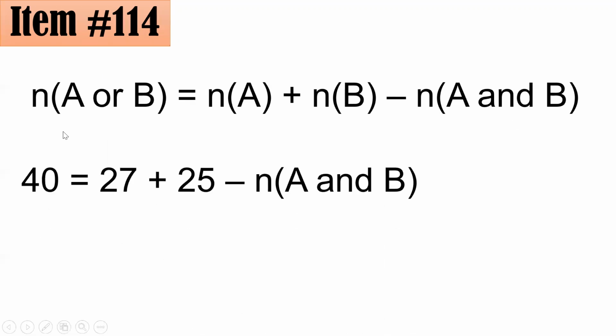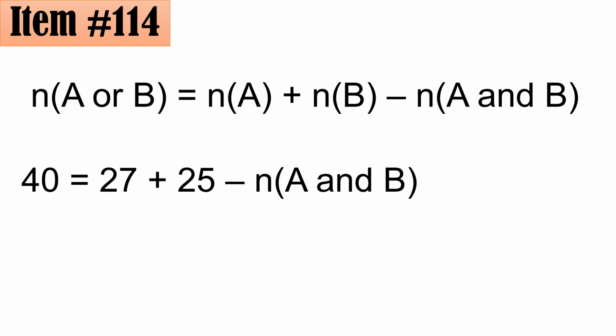Given that there are 40 of them all in all, the cardinality of A or B is 40. For A it is 27 and B is 25. So, 40 equals 27 plus 25 minus the cardinality of A and B, or both, their intersection.